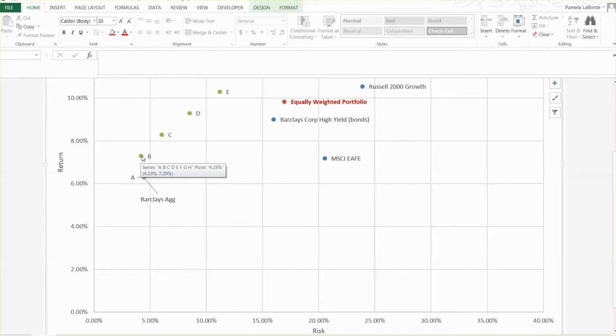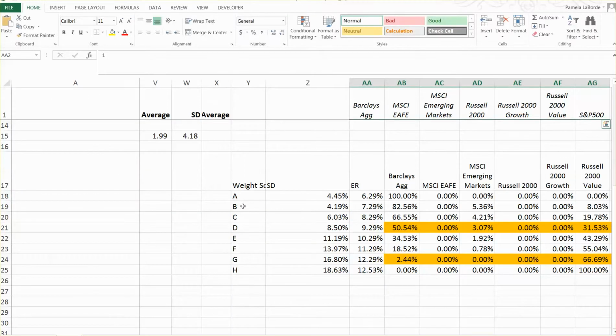So what I have done is optimized a weighting scheme to generate the best possible return that the program could figure out to accomplish this return right here. So let's go see what it recommends for point B. That information is here.